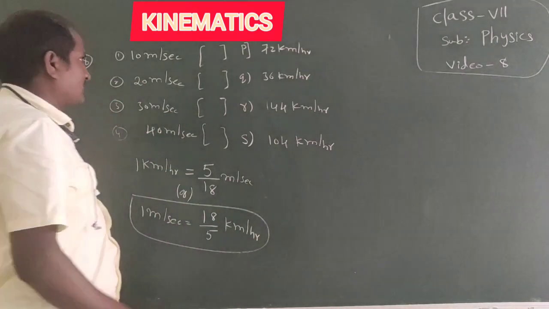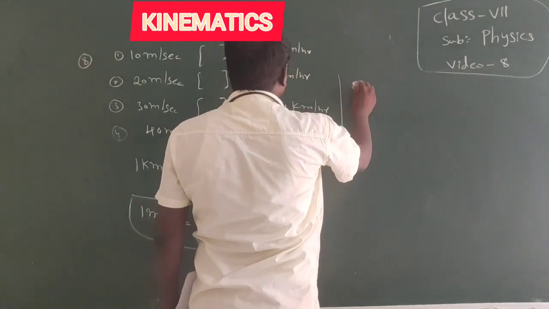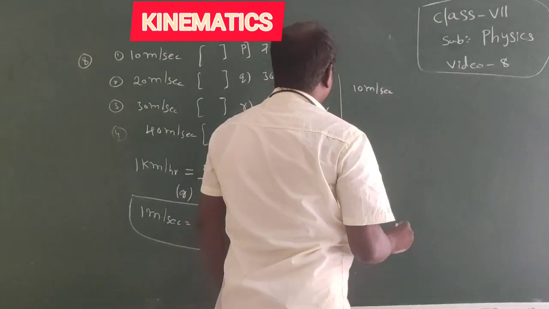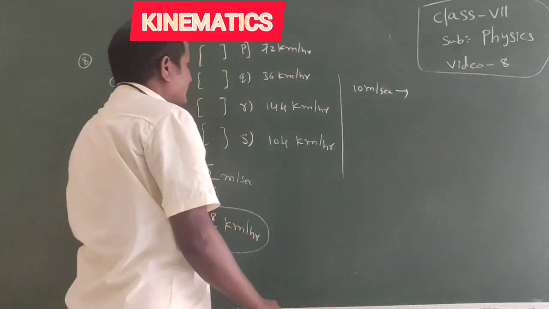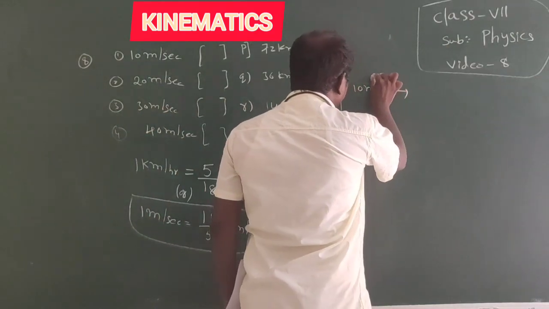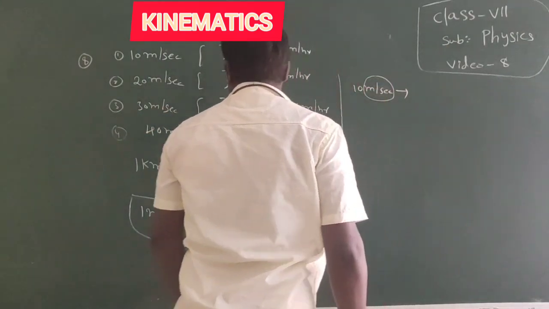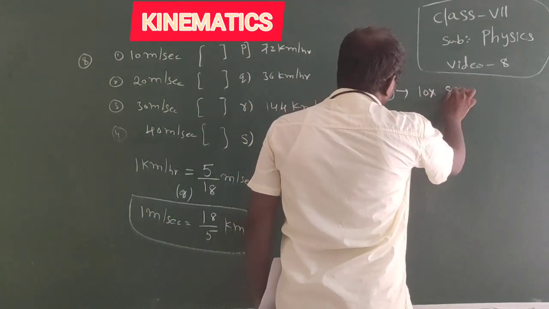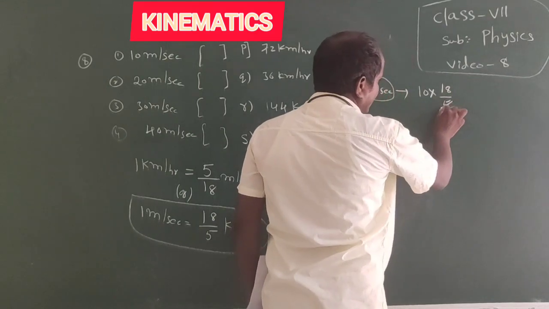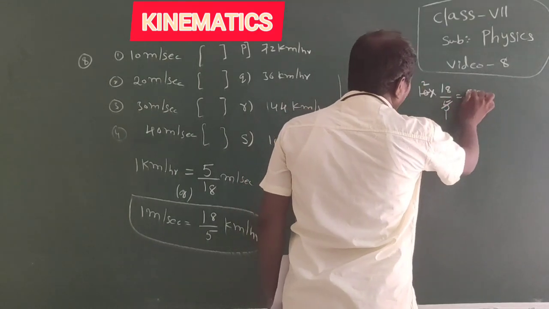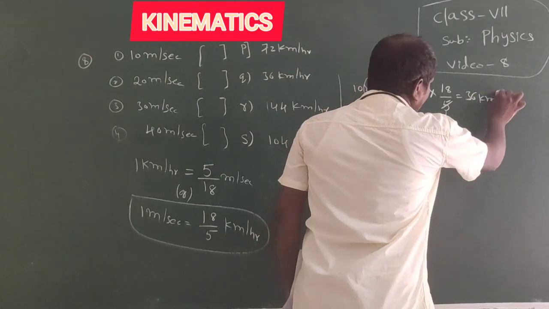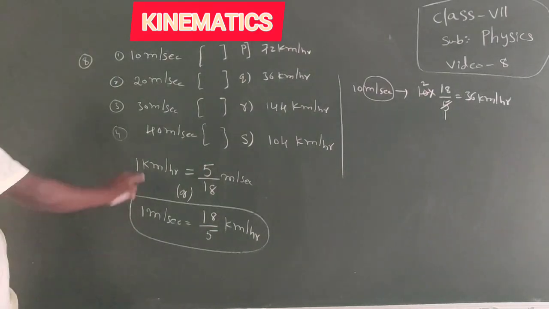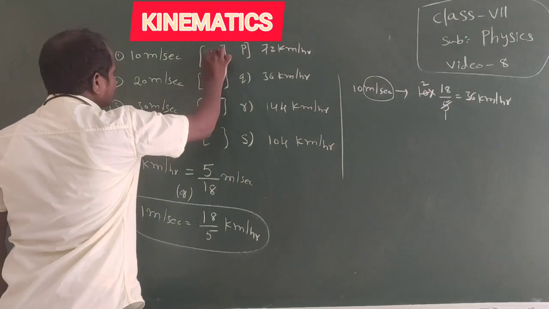Now the first one, 10 meter per second converts into kilometer per hour. So in the place of meter per second we write 18 by 5. So 10 into 18 by 5, that is equal to 36 kilometer per hour. So Q is the answer.